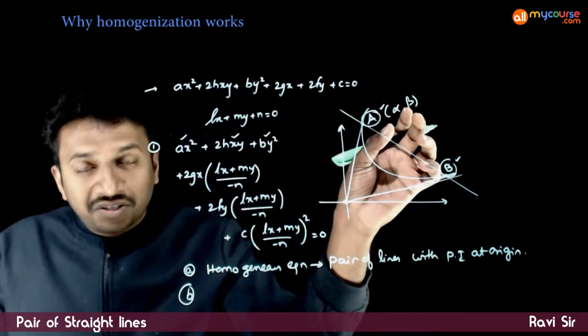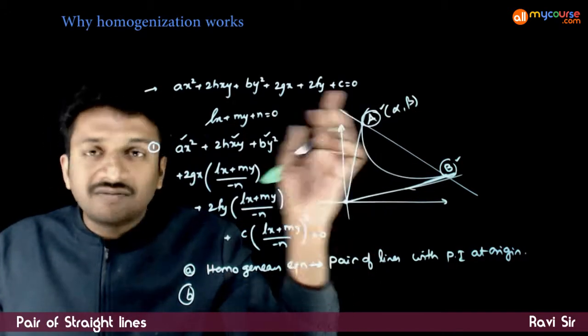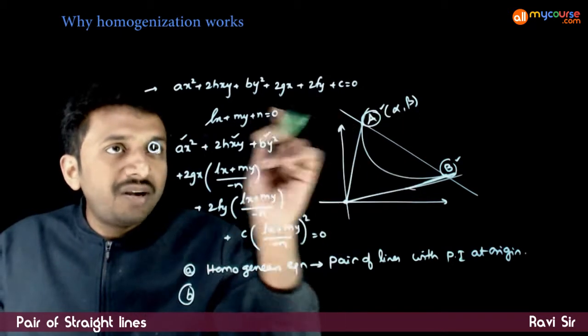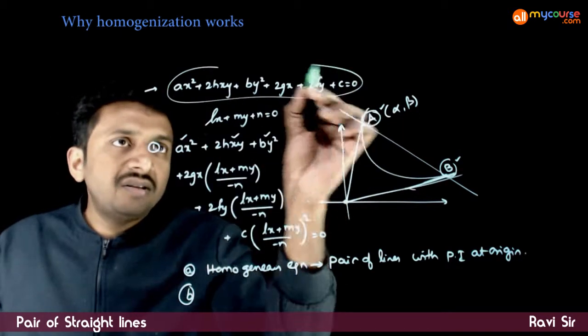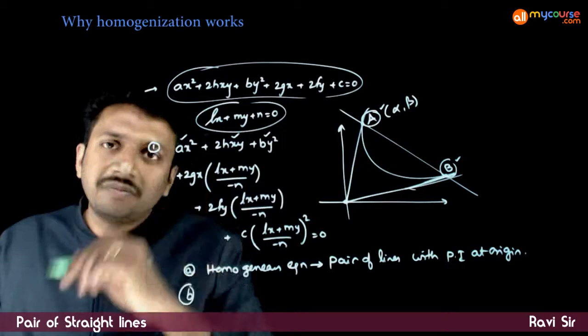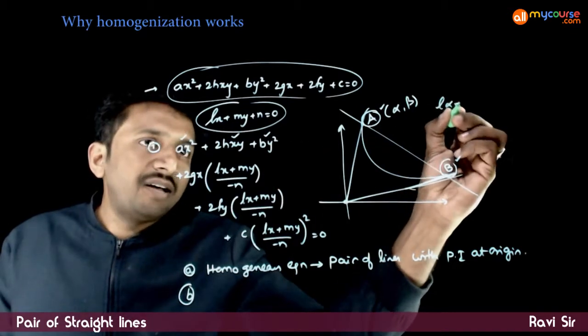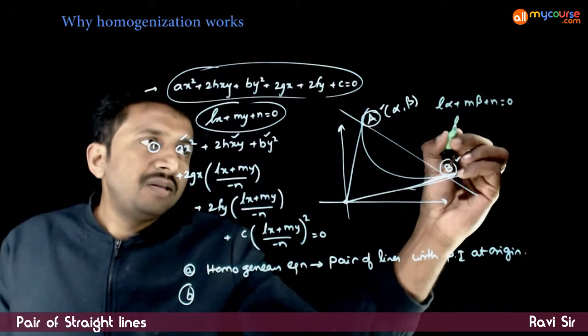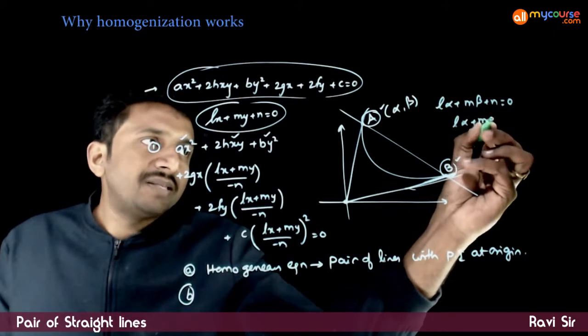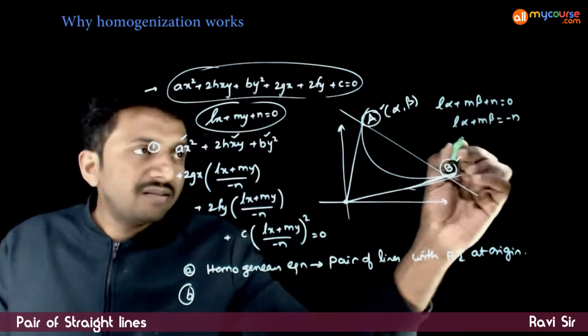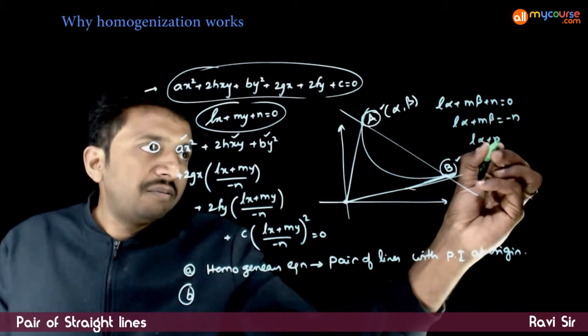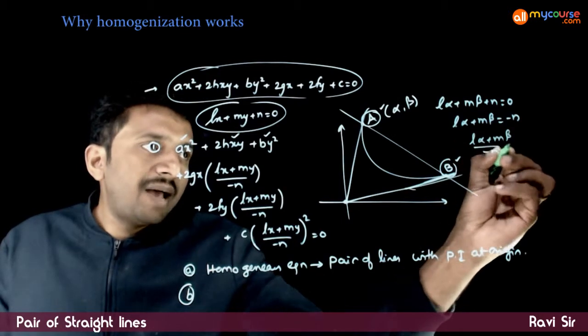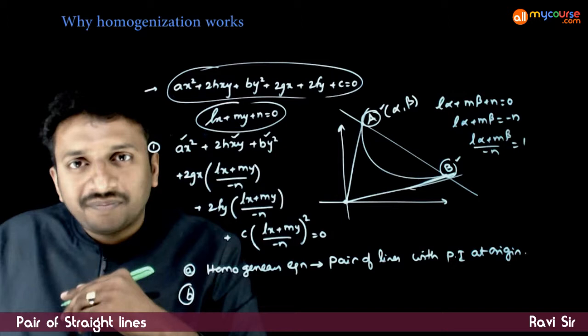is the point of intersection of the curve as well as line, that means alpha comma beta satisfies this equation as well as this equation. That means L alpha plus m beta plus n is equal to 0. This implies L alpha plus m beta is equal to minus n. L alpha plus m beta by minus n is equal to 1.